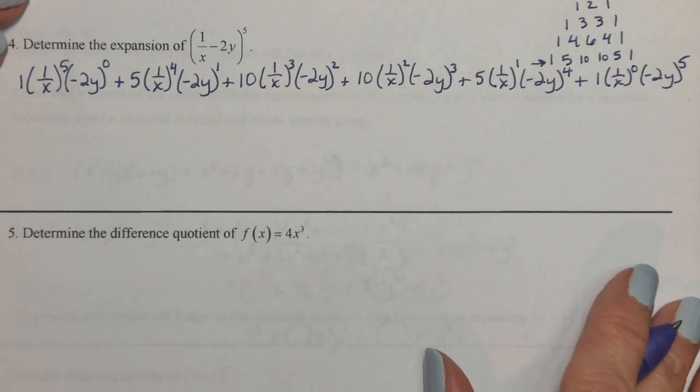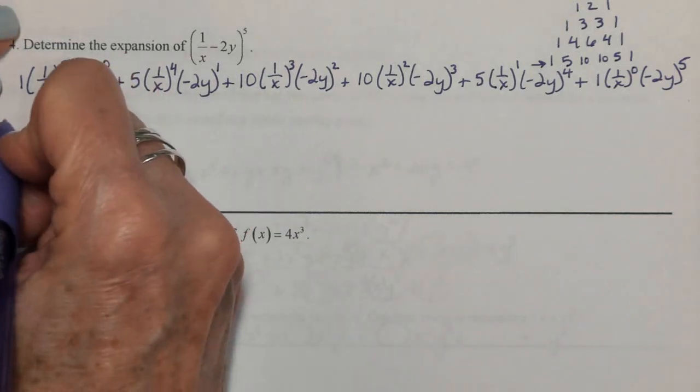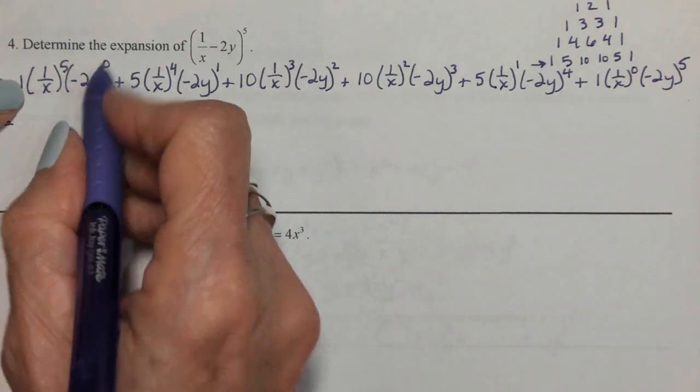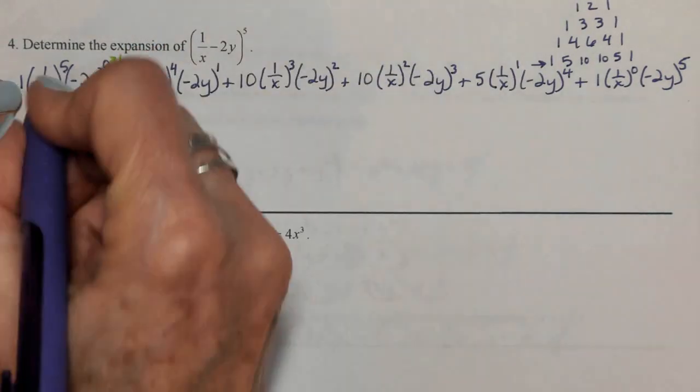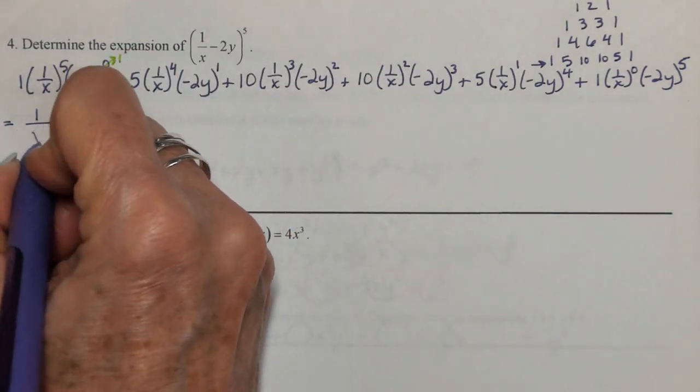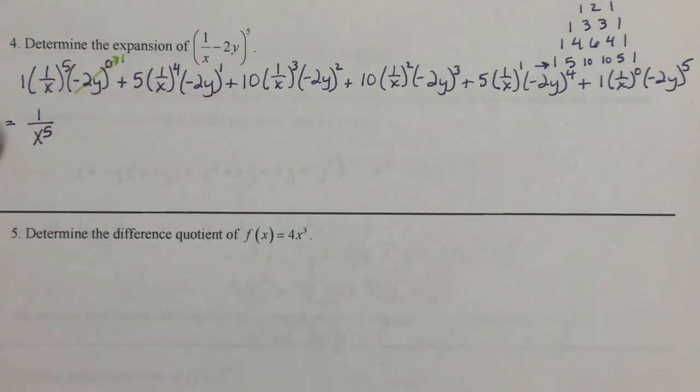Okay? So this becomes, all right, this is just a 1. So this becomes just 1 over x to the 5th. 1 to the 5th over x to the 5th.